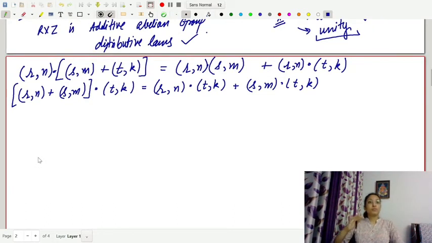Hence R cross Z forms a ring under the operations we have defined above.